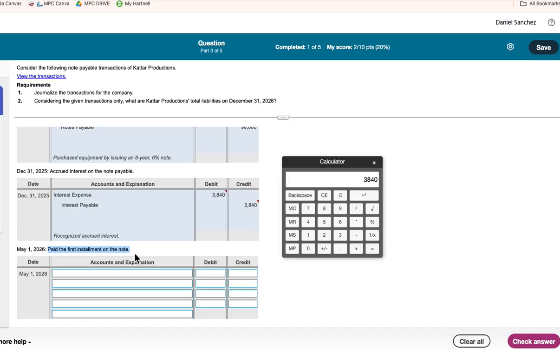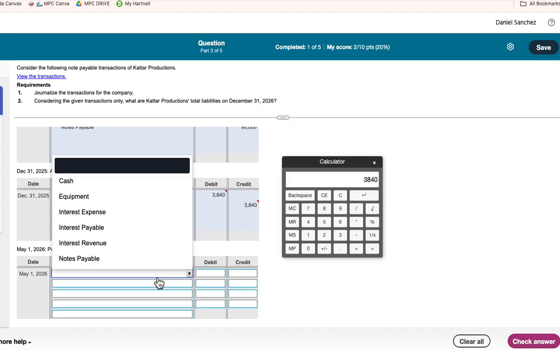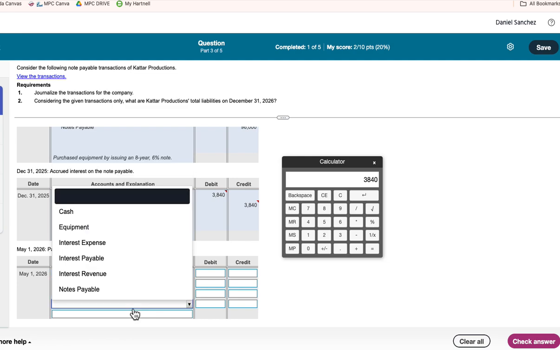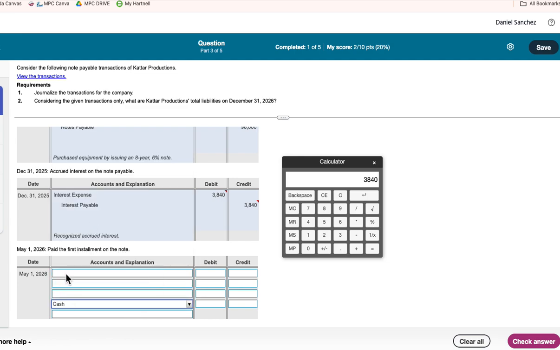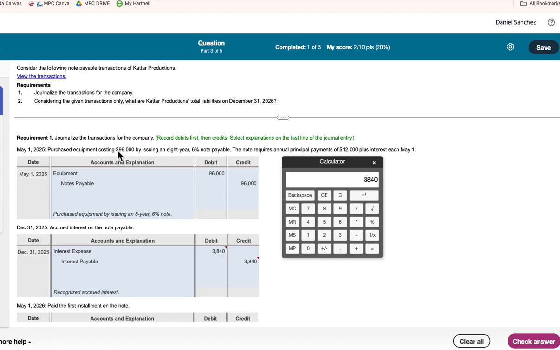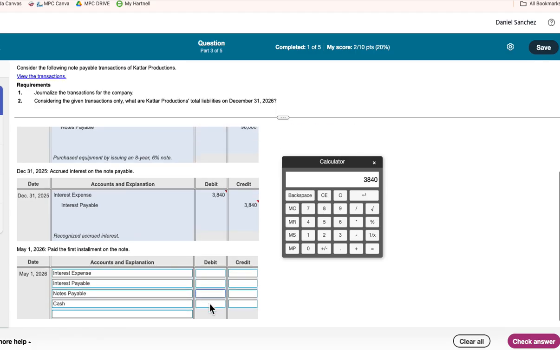So paid the first installment on the note. So let's do this. We're going to set up our accounts first. So we know that we're going to be paying with cash. And this is going to be my interest expense, my interest payable, and my notes payable as well. My notes payable is going to stay $12,000. My interest payable is 3840.